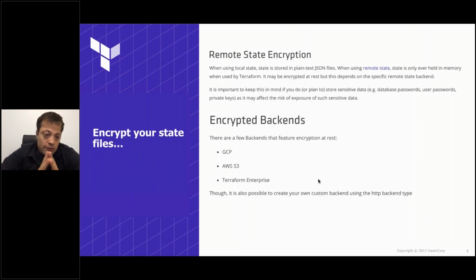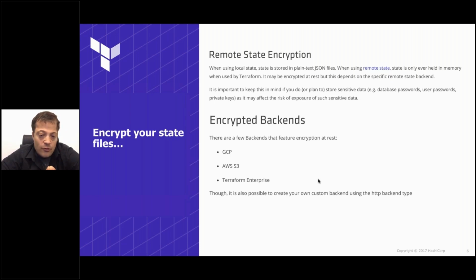You also want to make sure that your state file is encrypted and that access to it is controlled. So there are a few different types of remote state that you can use in Terraform. The three that are listed here, GCP, AWS S3, and Terraform Enterprise, encrypt your state. Terraform Enterprise does it by default.